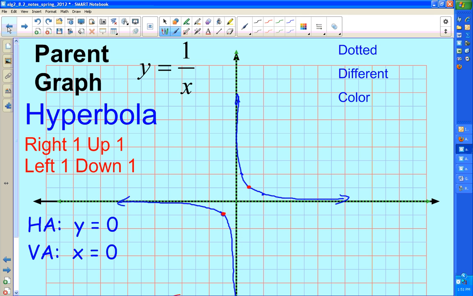What can't the domain be? What values are the domain? The x. And the x can be anything except when x is 0. And the y can be anything except for 0.